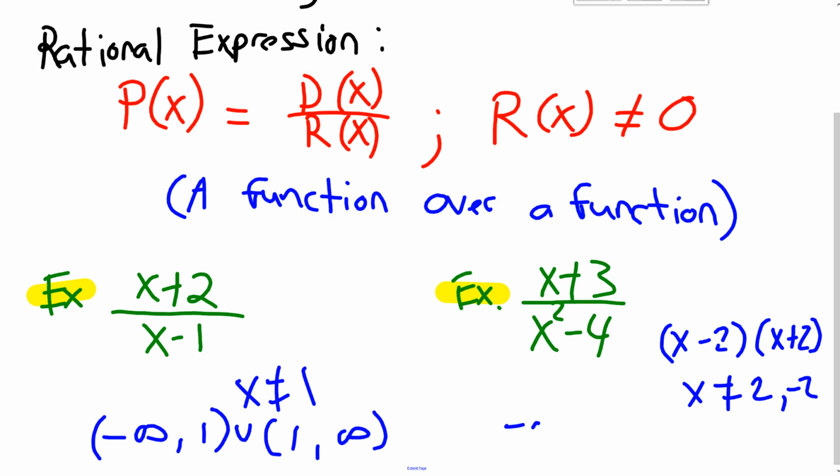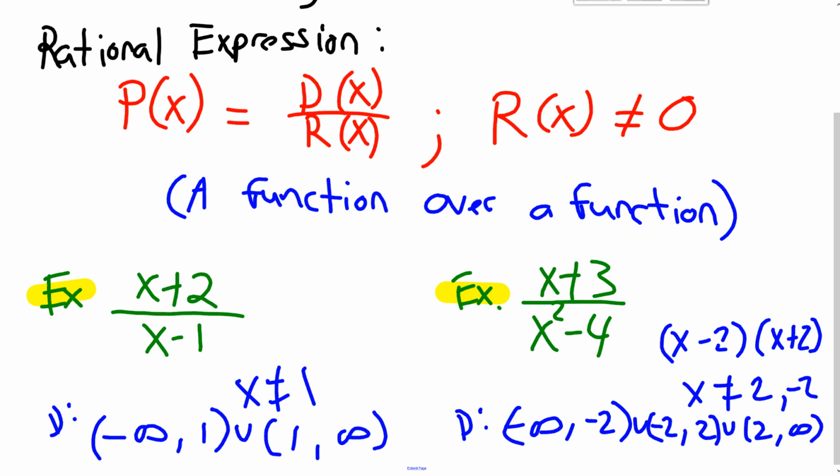My domain goes from negative infinity up until negative 2, but it can't be negative 2. Then from negative 2 up until 2, everything in between, but it can't be 2. Then from positive 2 up to infinity. I join those all together with the union, and those are my domains.